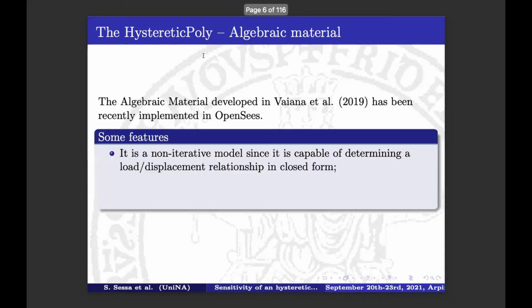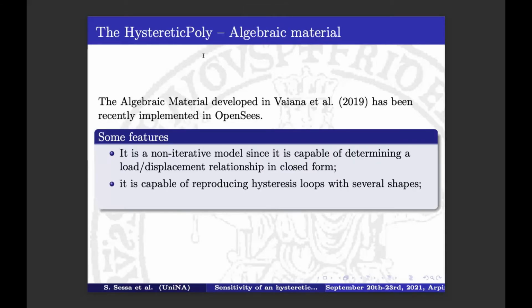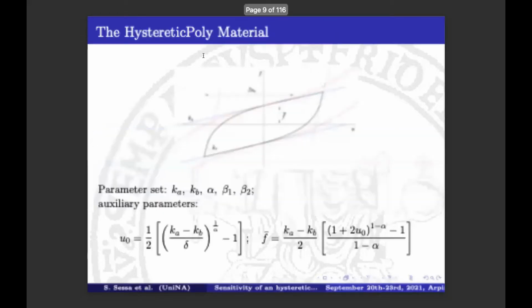Actually, this one is implemented in OpenSees, and it is a non-iterative model, since it is capable of computing the uniaxial response of the material in closed form without requiring any iteration. And we can reproduce different kinds of hysteresis, different shapes, by means of just 5 constitutive parameters.